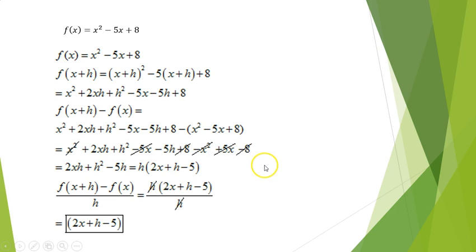So there's quite a bit of simplification here, leaving us with 2xh plus h squared minus 5h, and all of those have an h in them, so we can factor the h out, and that gives us, when we have our denominator included, something to cancel.